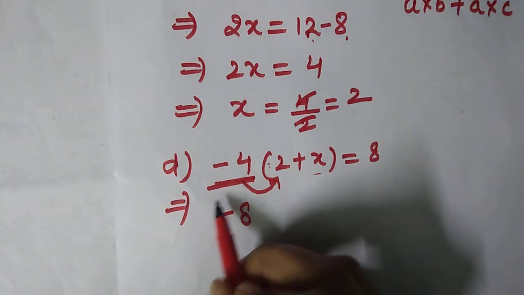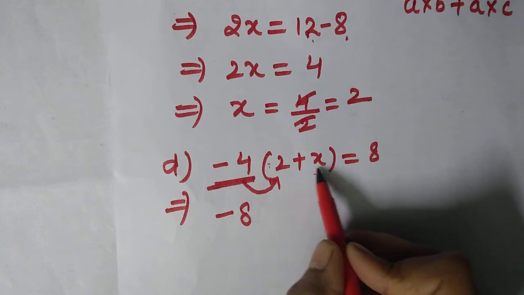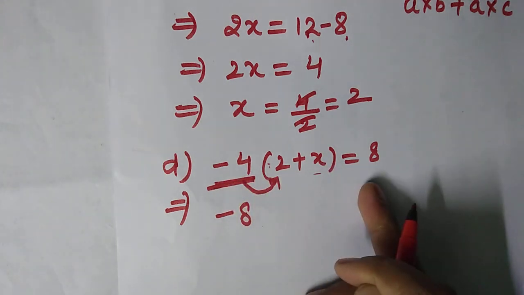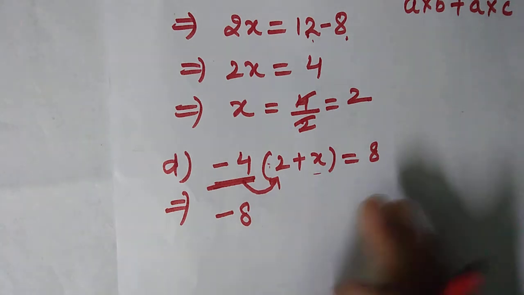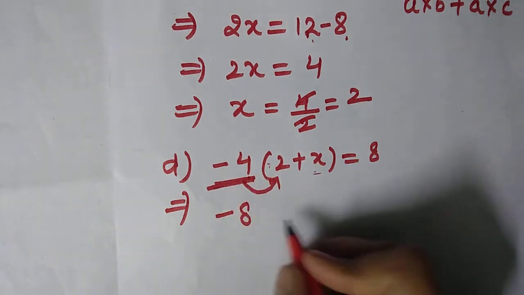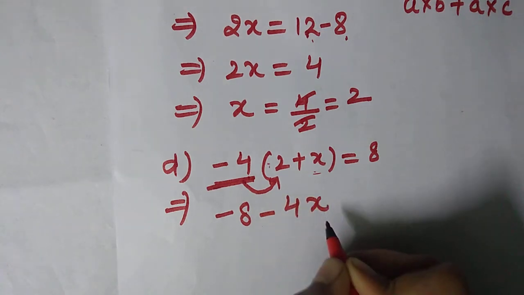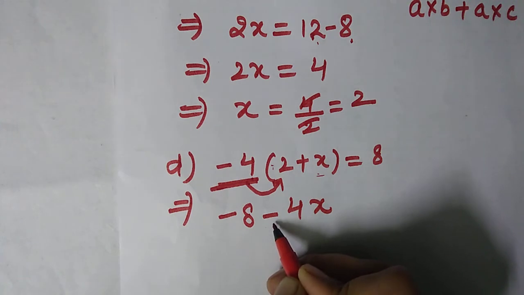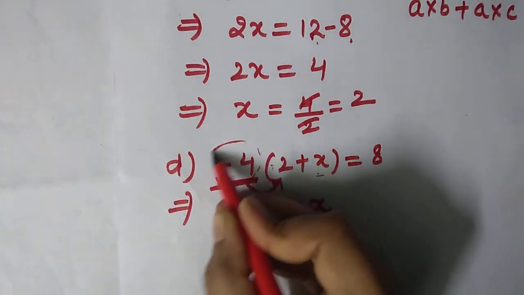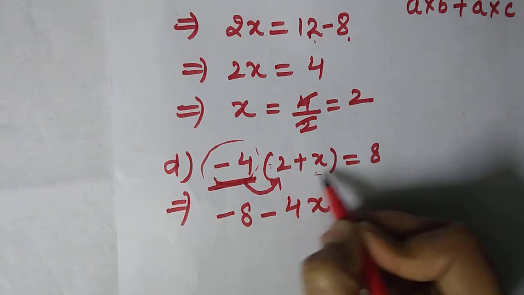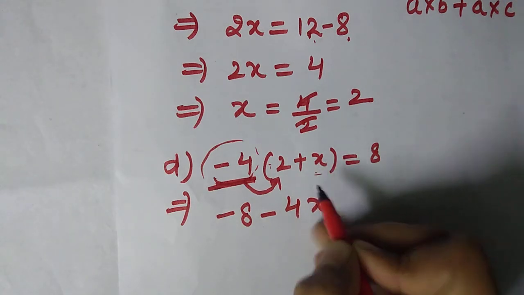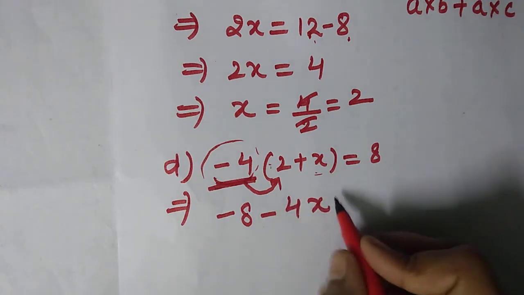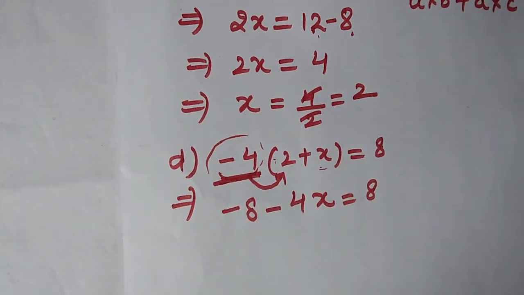One is negative and one is positive, and you are multiplying them, so you will get a negative number. So -4 into x is -4x. Just be careful with the sign. Why am I applying negative here? Because I am multiplying one negative number and one positive number, and if you multiply one negative and one positive, you will always get a negative number. So it is 8.